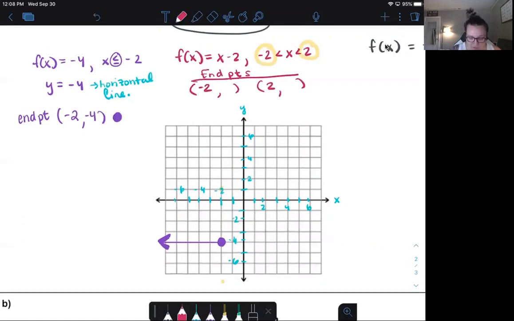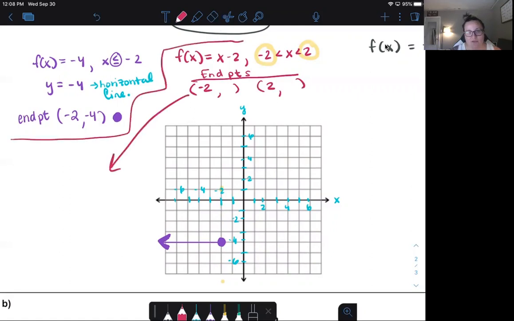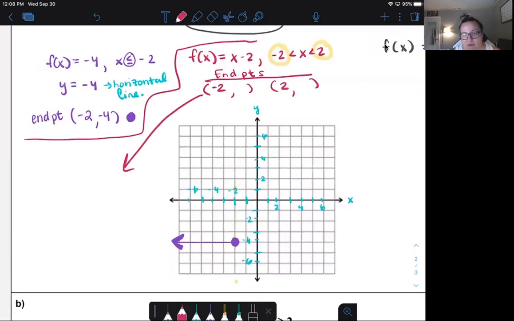So what we're going to do is, and I'm going to do my work down here, we're going to plug in x equals -2 and then x equals +2 into that rule. So remember, f of x is interchangeable with y, so y equals x minus 2. So the first one we're going to plug in is -2.